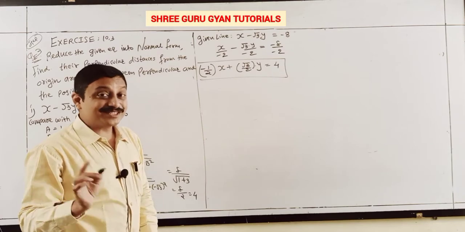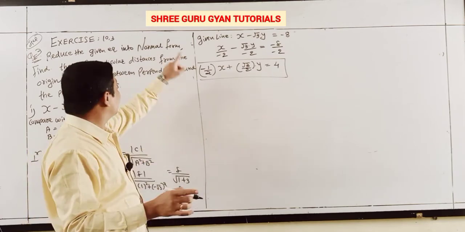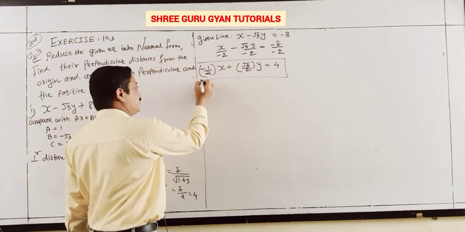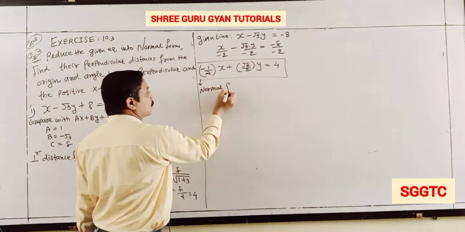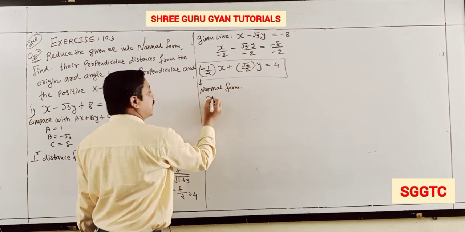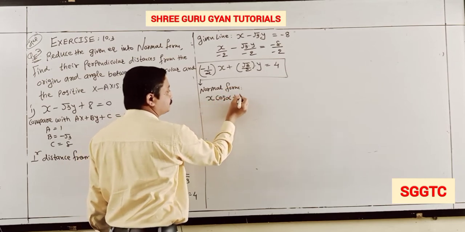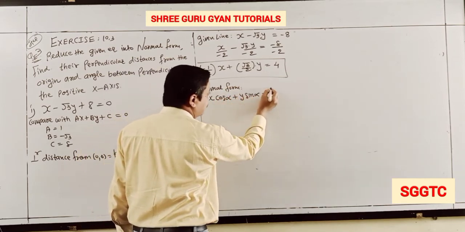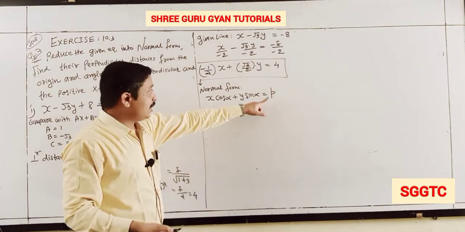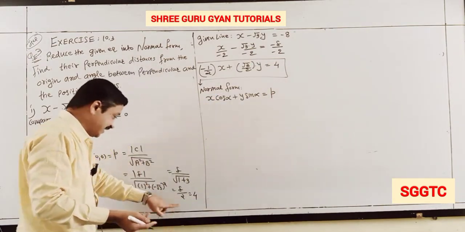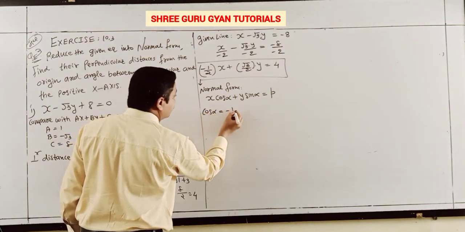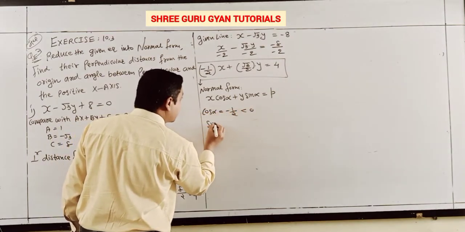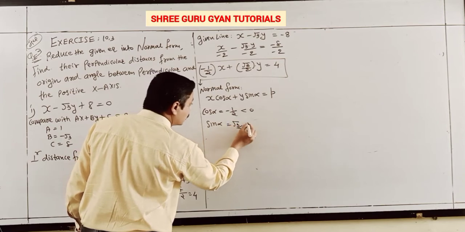Now what is the equation of our normal form? So here we write the normal form, that is, as you know, x cos alpha plus y sin alpha is equal to p. P is known to be 4, because I already checked. So we can write cos alpha is minus half, less than 0, and sin alpha is root 3 by 2, more than 0.